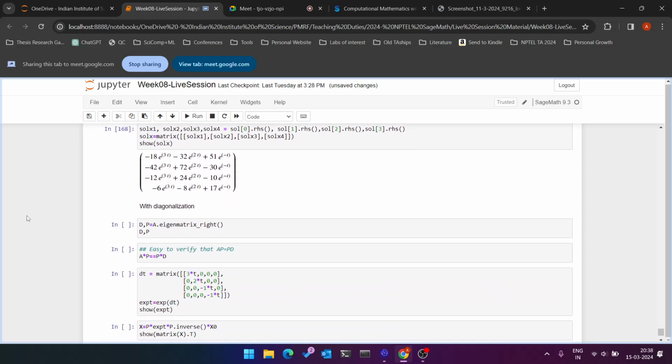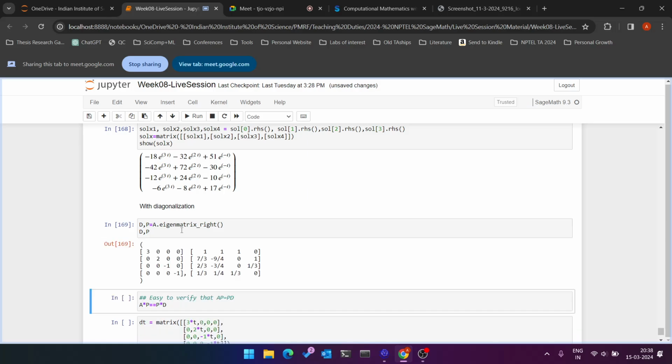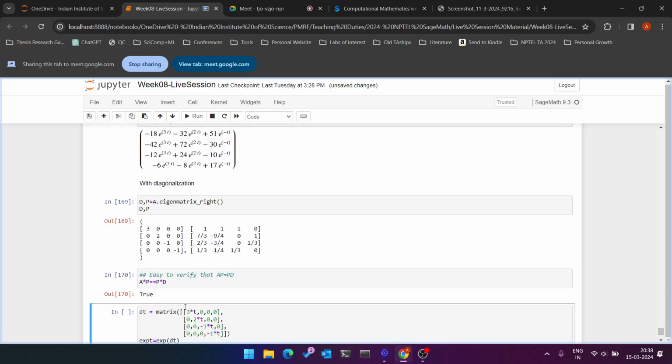But if you are interested in using the diagonalization approach, we first calculate the eigenmatrix decomposition of A, which is basically A into P is P into D. So the diagonal matrix D and eigenvector matrix P are specified here, and it is just good practice to check AP equals PD.